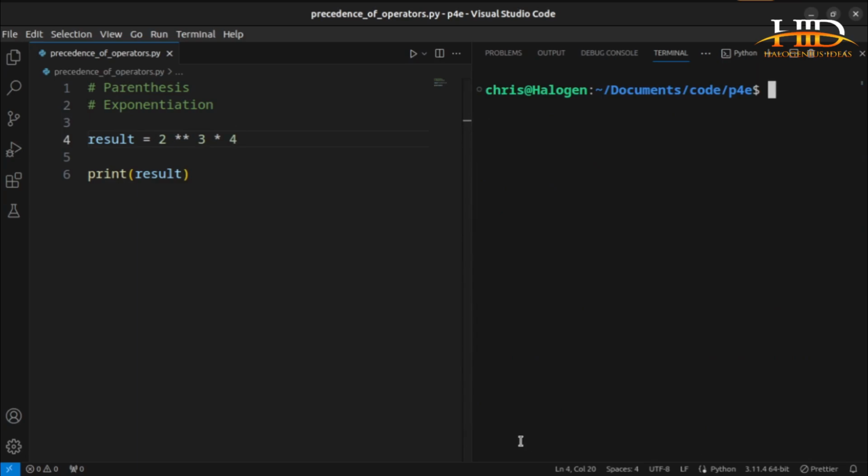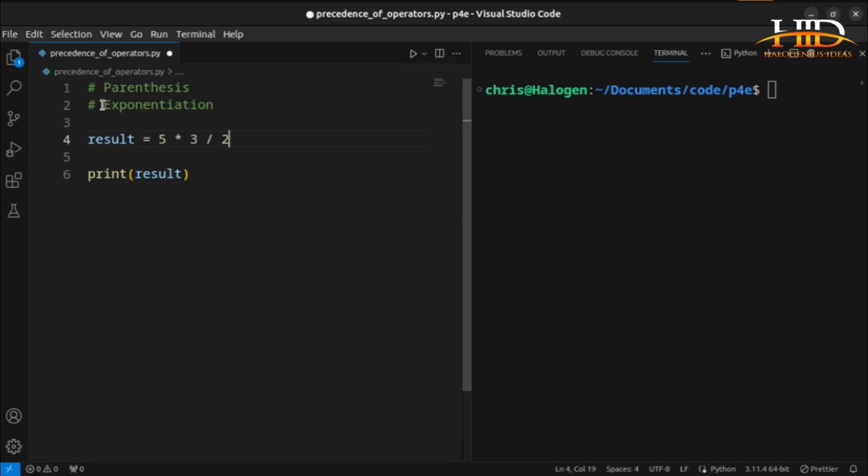Then the next one that we have is multiplication, division, floor division, and modulus. These operators have the same precedence and they are evaluated from the left to the right. So if I have something like result equal to 5 multiplied by 3 divided by 2.